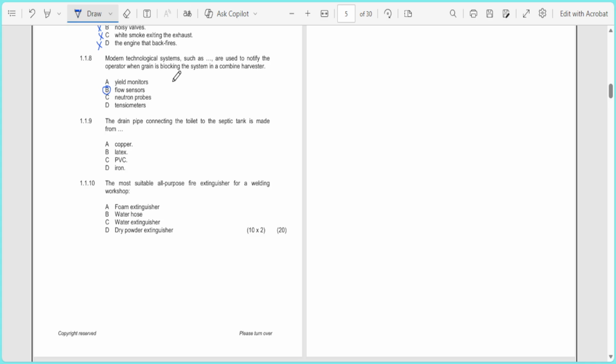These usually measure harvest quantity but do not detect blockages. So that is why I refrain from choosing A. What about C? Neutron probes measure soil moisture content. They don't tell us about any blockages. So this one is out of the picture as well.